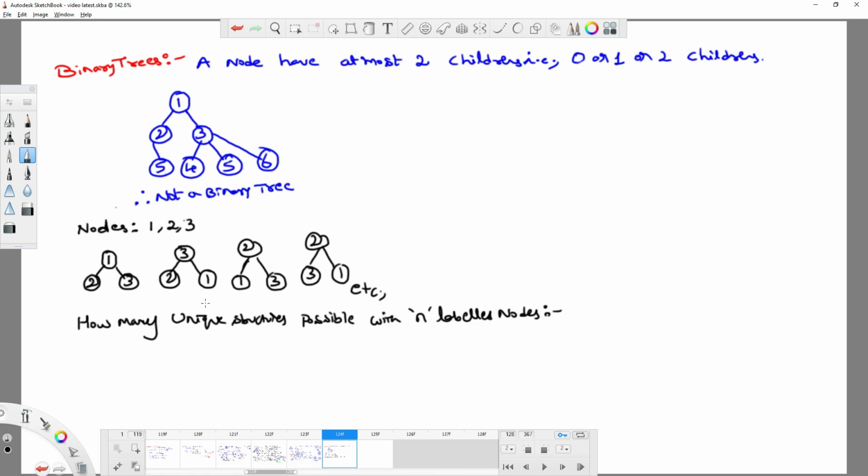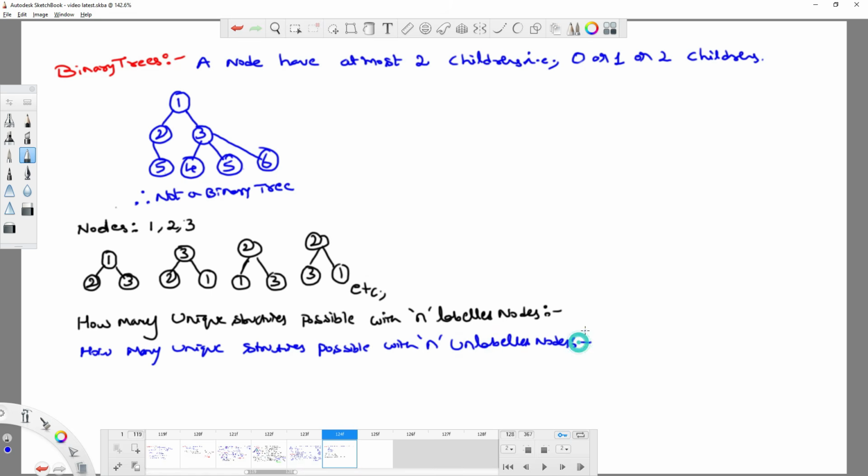A node given with some name, right? Suppose for example, in GATE you might get something like this. How many unique structures are possible with n unlabeled nodes?